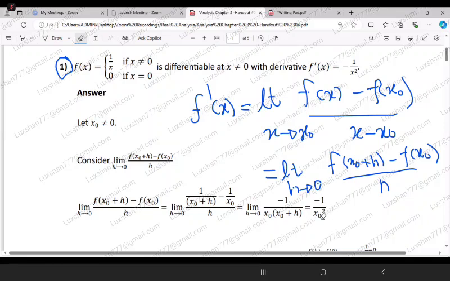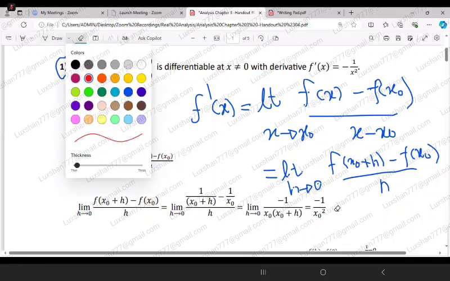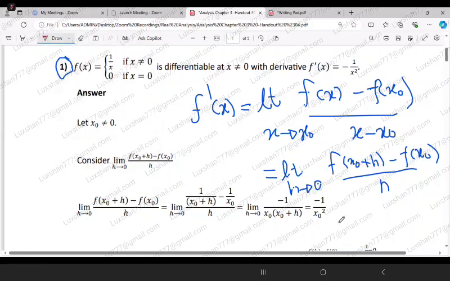Only if x naught is equal to 0, this value tends to infinity. But here we have considered the case where x naught is not equal to 0. Therefore, we don't have any problem with minus 1 over x naught squared.